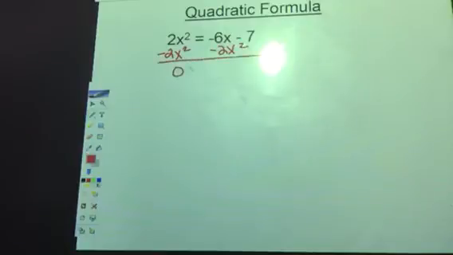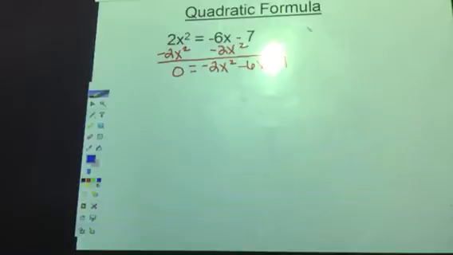Okay, this is going to be 0 is equal to negative 2x squared minus 6x minus 7. Again, go ahead and identify what A, B, and C is and substitute it into the quadratic formula.